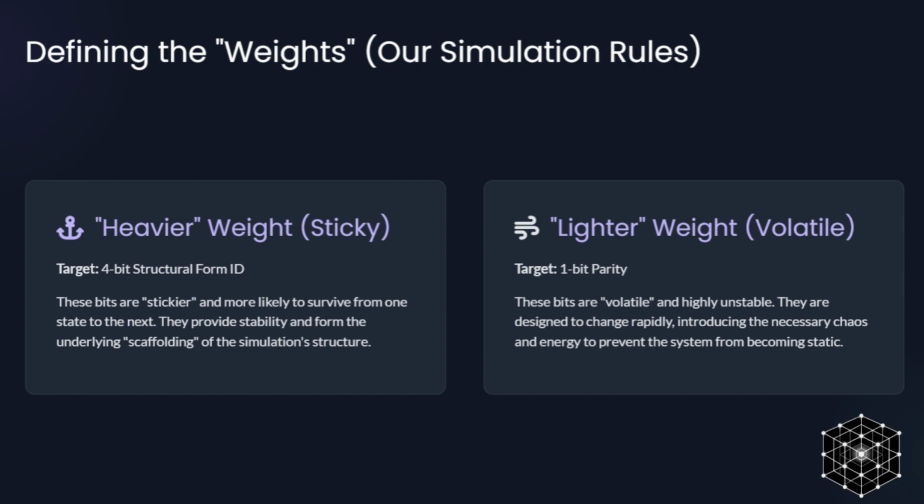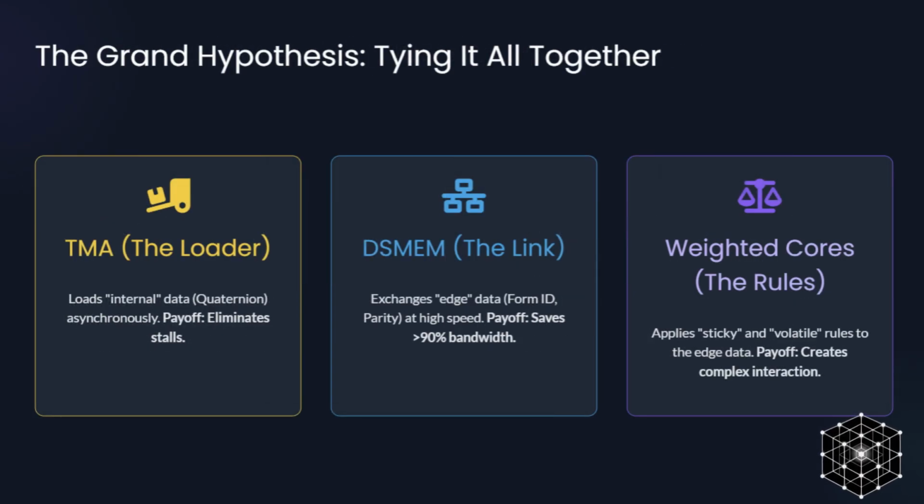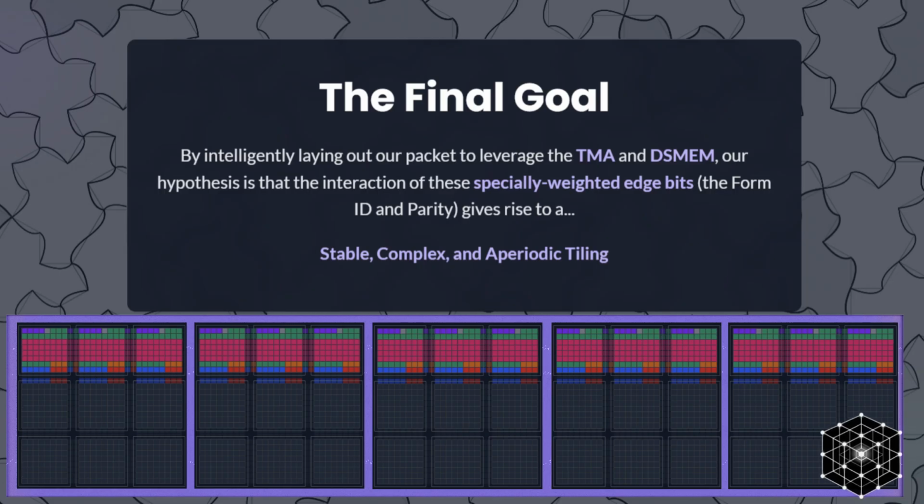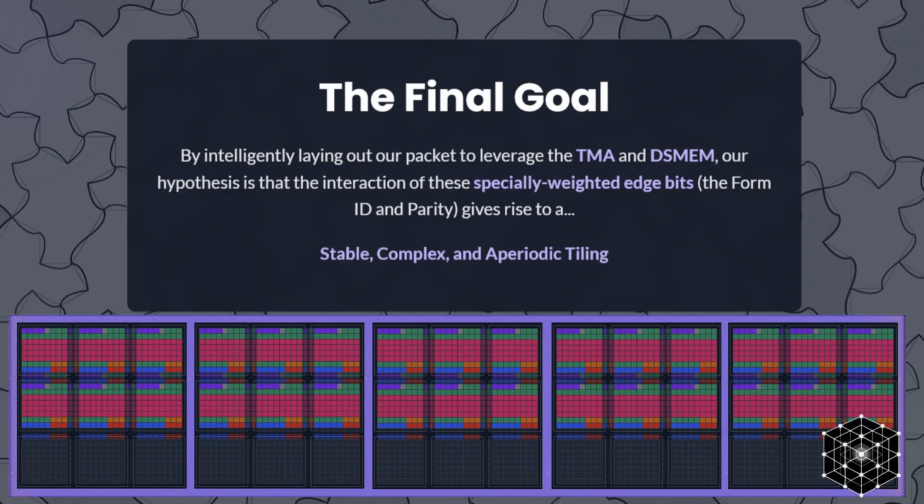For example, bits mapped as structural form ID are stickier, more likely to survive, while parity bits are volatile, less stable. By intelligently laying out our packet to leverage the TMA and DSMEM, we can create a system where the interaction of these specially weighted edge bits, the form ID and parity, gives rise to a stable, complex, and aperiodic tiling.